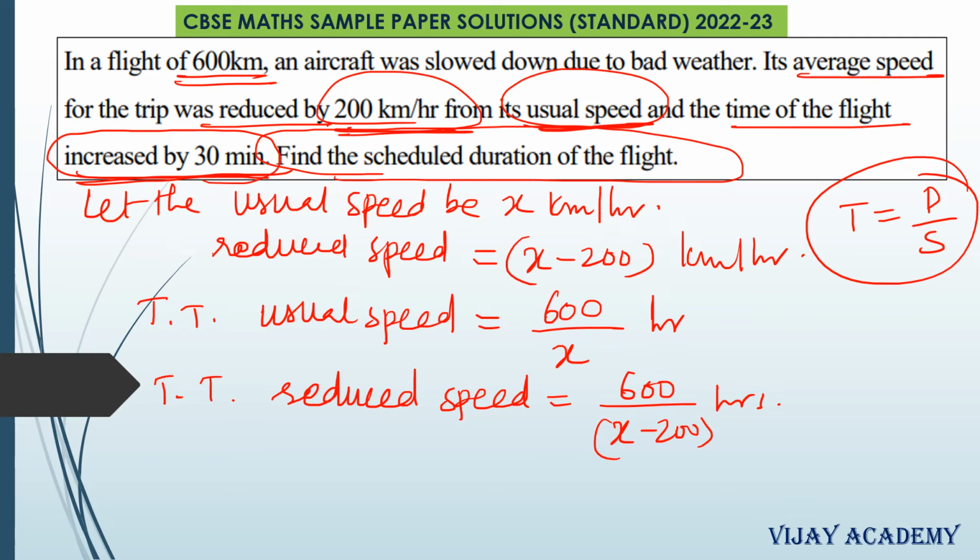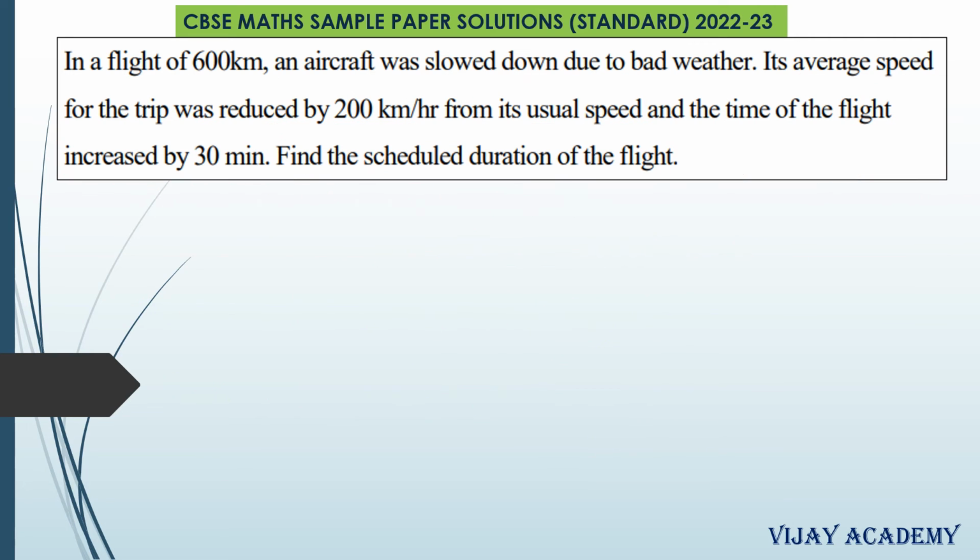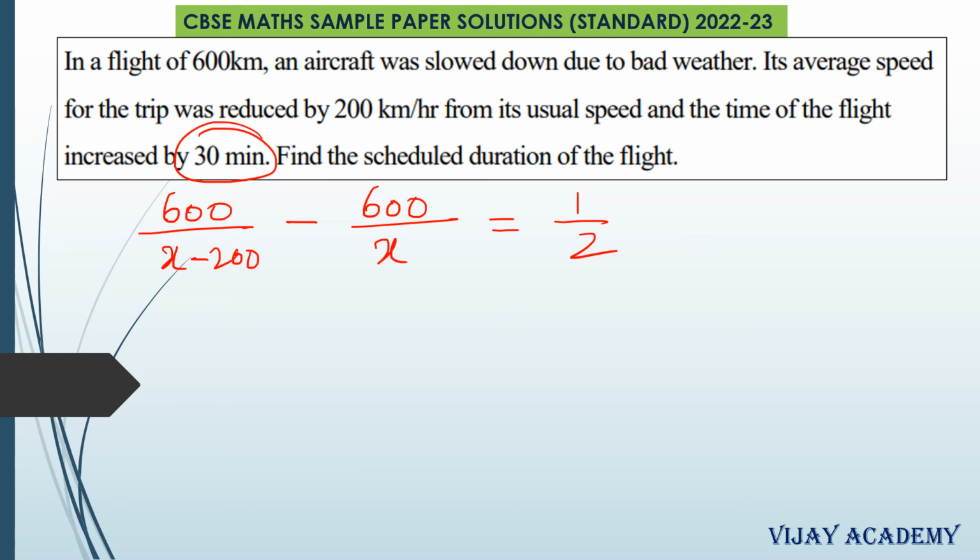So we can write the equation as 600 by x minus 200 minus 600 divided by x equals 30 minutes. Written in hours, it is half an hour. So the time taken at reduced speed minus the time taken at usual speed equals half an hour.